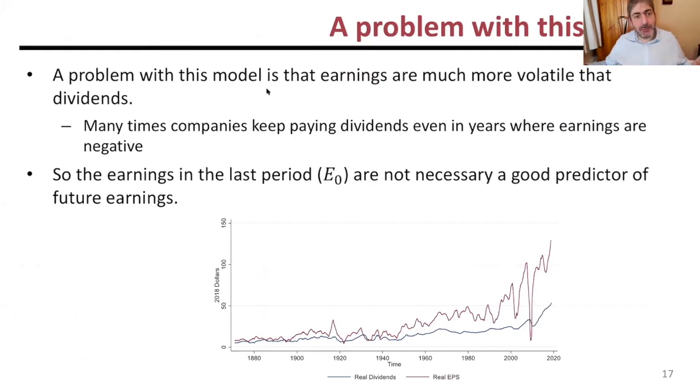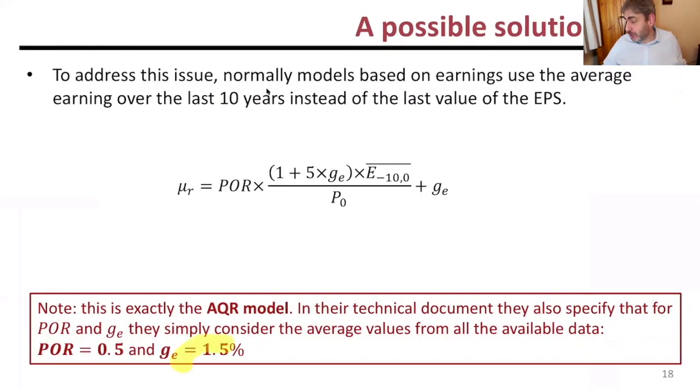If you read their paper, they use data from 1940, and they come up with a growth rate of earnings of 1.5. So they say, look, growth rate of earnings is 1.5. That's it, okay? That's it.